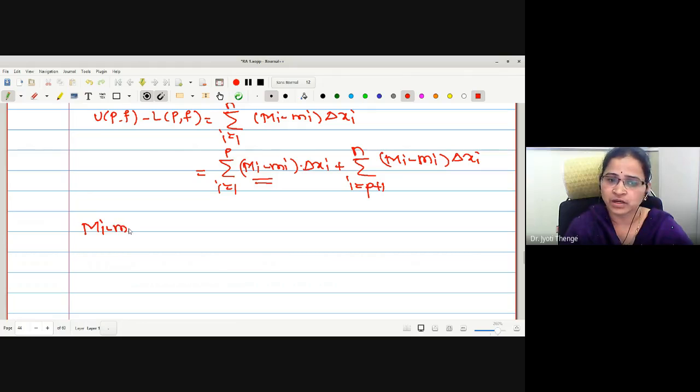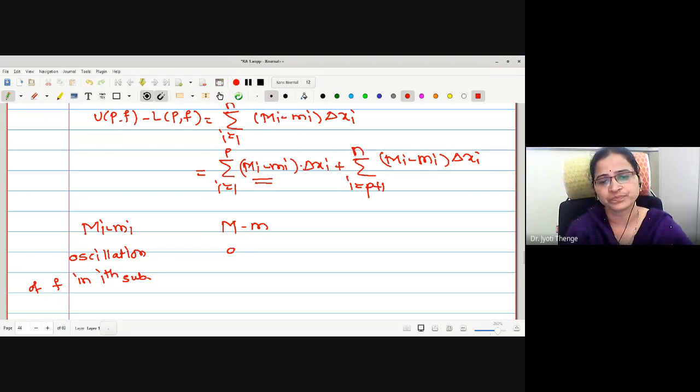These are the oscillations of the function in the ith subinterval, correct? What about capital M minus small m? These are also oscillations of f in the whole interval.